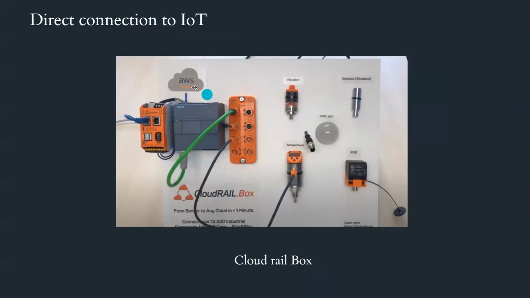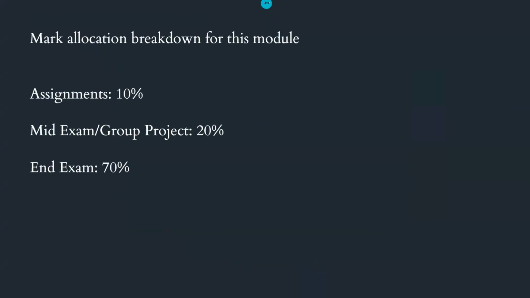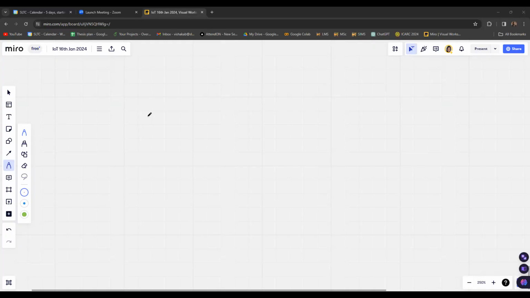The PLC will then update the data to an access point, and from the access point it will be uploaded to the cloud. So that is regarding the different devices and sensors that are used in industrial IoT networks.